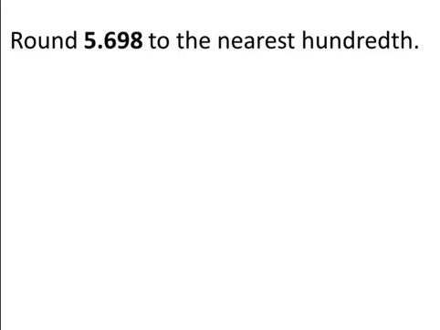Round 5.698 to the nearest hundredth. For this number, we have a 9 in the hundredths place. In order to round, we look to the right, where we have an 8 as the next digit.